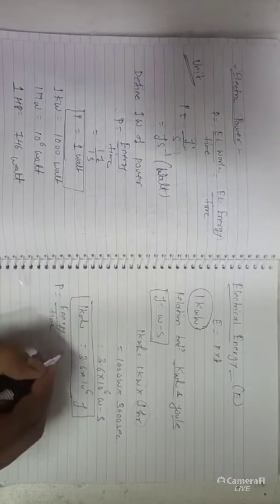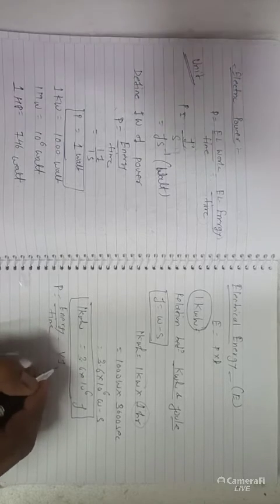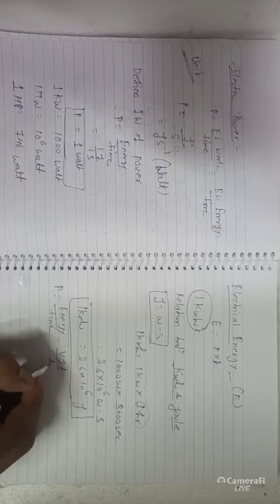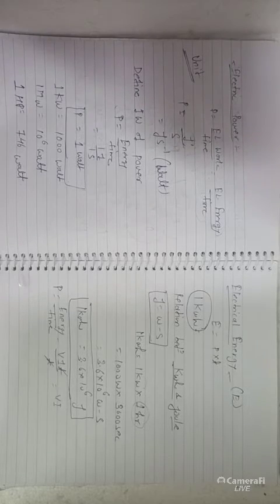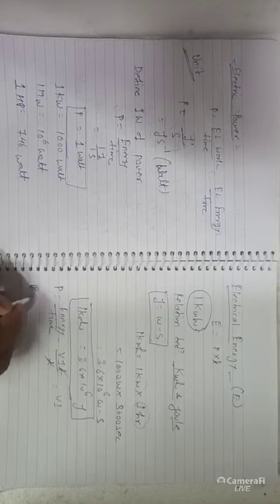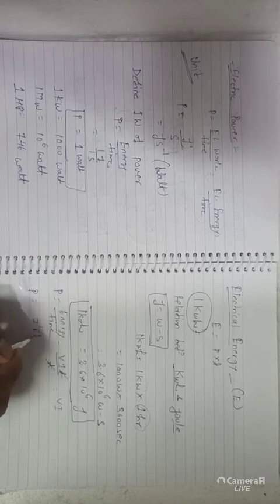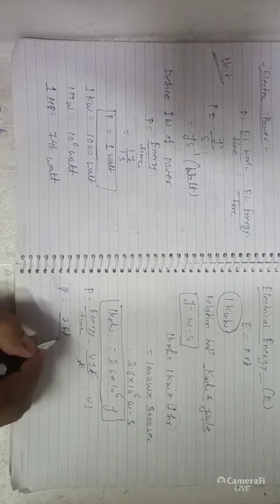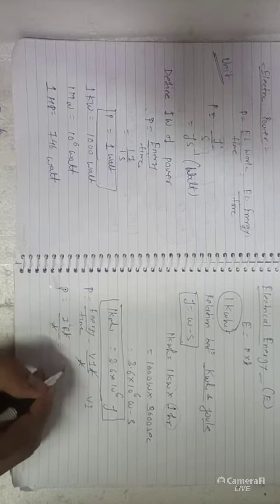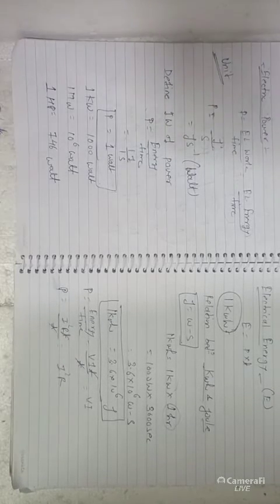So at the place of energy, we write VIT, and at the place of time we write T. This T and T will cancel, so VI is the formula. Similarly, if we place I square RT at the place of energy, with T below, we get I square R. This is also a formula.